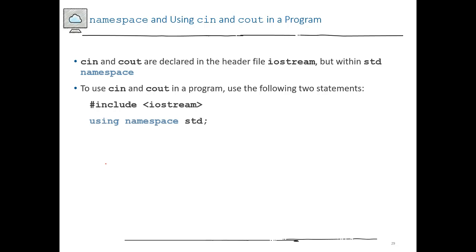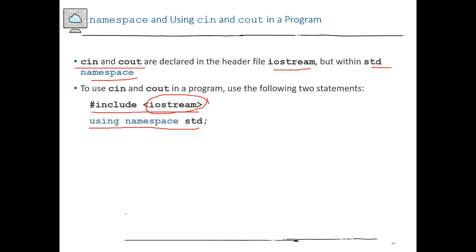So let's look at that. cin and cout are declared in the iostream header file, but within the standard namespace. So you need to use the preprocessor library, then the header file, and then also the standard namespace. Then you'll be able to use cin and cout in your programs.